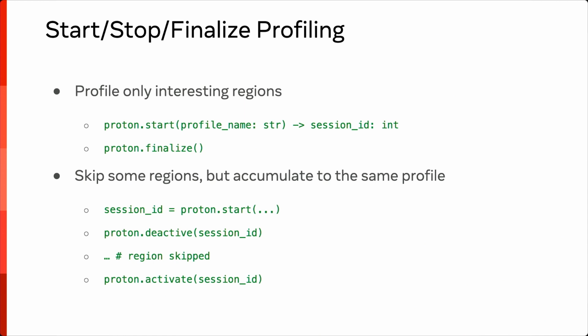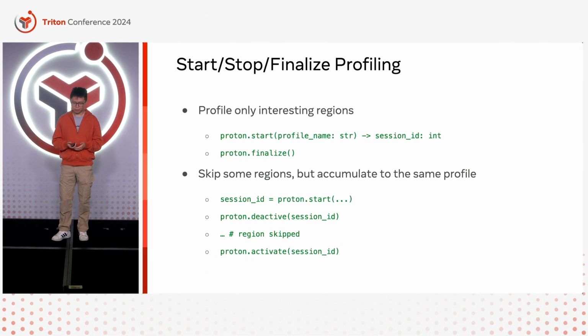Once the profiling is done, you can output your profile using another API, proton.finalize. Like I mentioned, sometimes we want to skip some regions that are not that interesting, but still accumulate the data to the same profile. That is why we want to use the session ID variable.